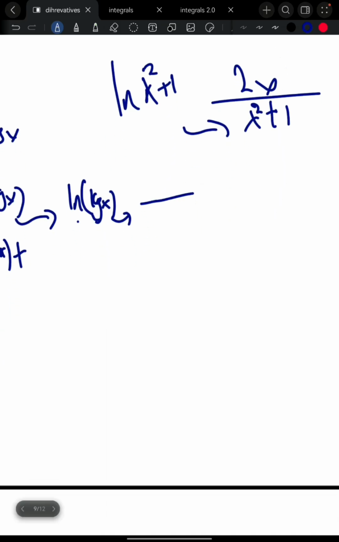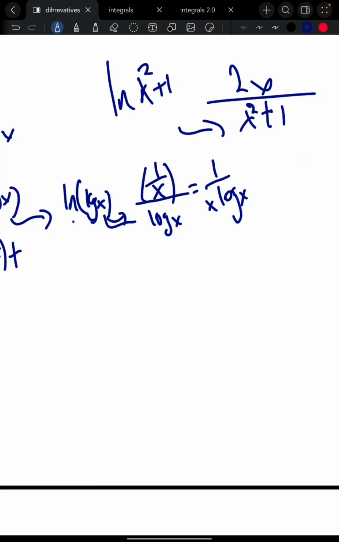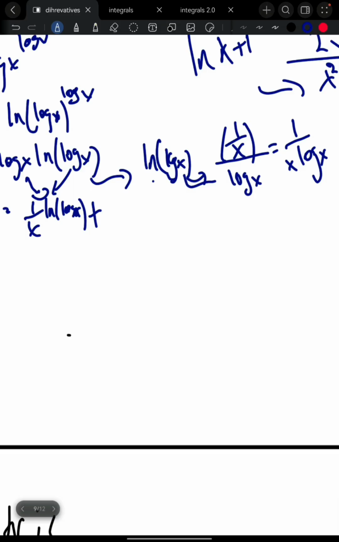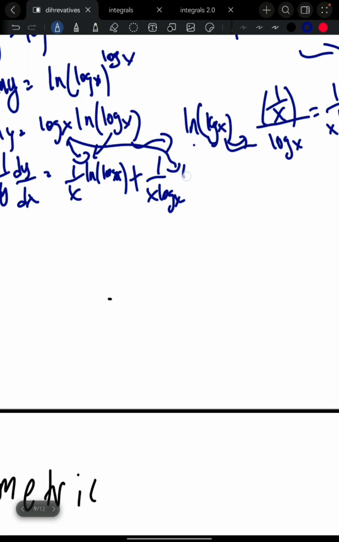So you put log x down here, and then you differentiate log x, which is just 1 over x. You can simplify this, and it just becomes 1 over x log x. So plus 1 over x log x, and then don't forget you gotta multiply this by log x.